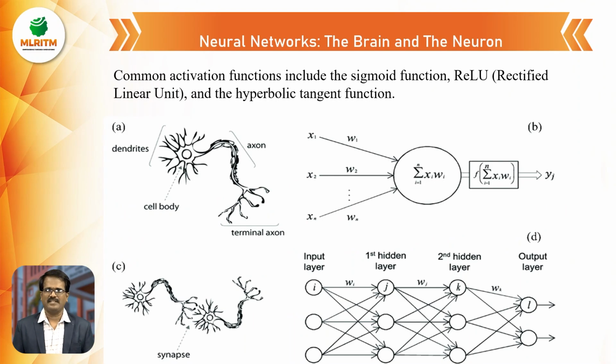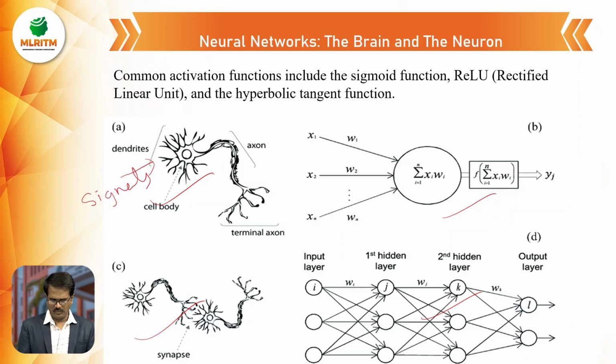This is the diagrammatical representation of how the brain motivated the development of the neuron. This is the biological structure of the brain, and this is the artificial neuron. Here, these are the dendrites and this is the cell body. The dendrites receive the signals from the other neurons and pass them to the cell body.